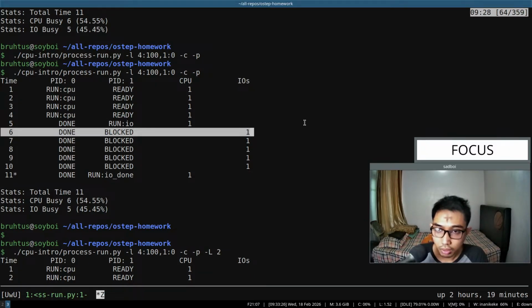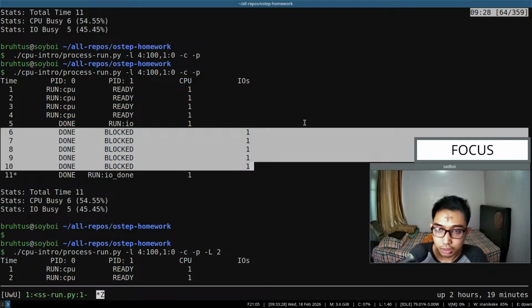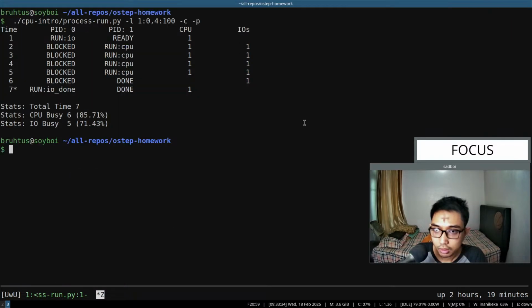You know, while the input output block, in this case, we can use the CPU to run the other process.